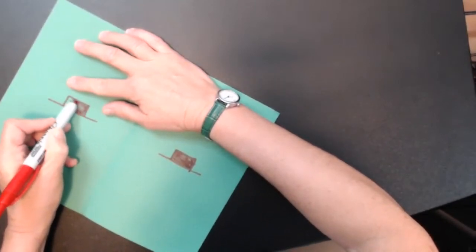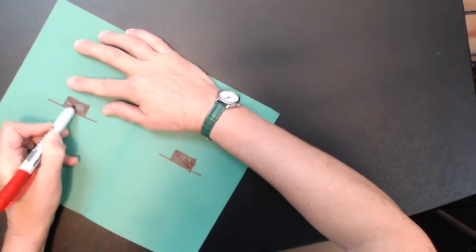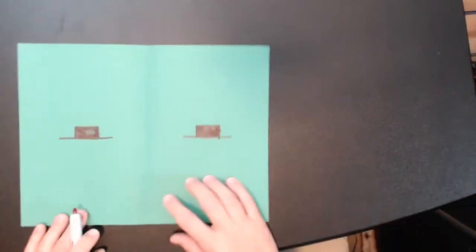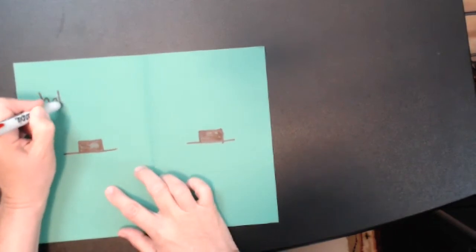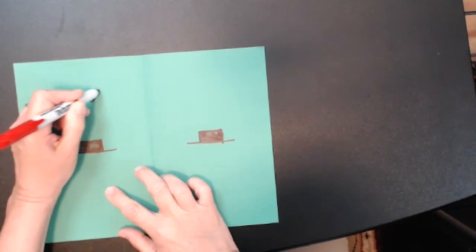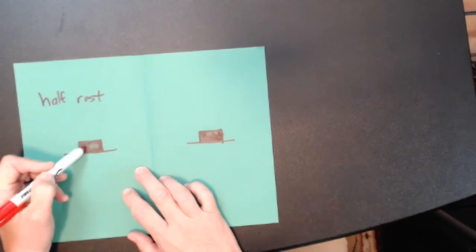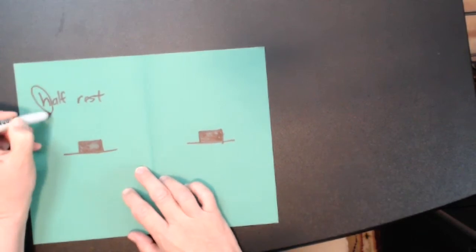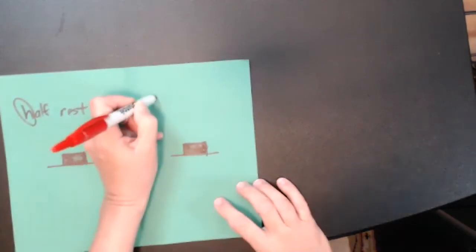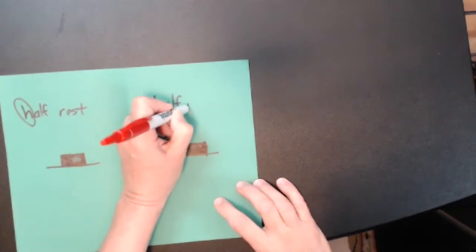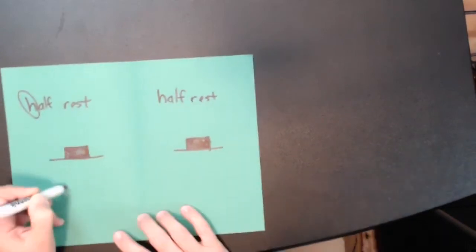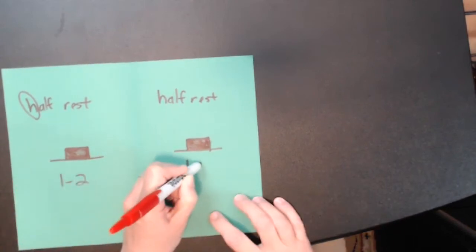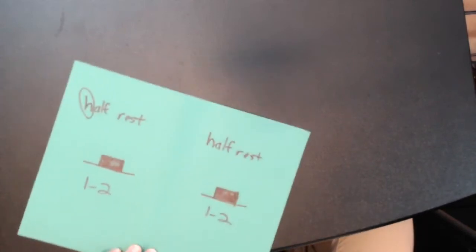We're going to color this hat in. And I bet you can guess how many beats this rest is worth. It's a half rest. The word hat and the word half start with the same letter. Half rest. Or you might count it 1, 2.